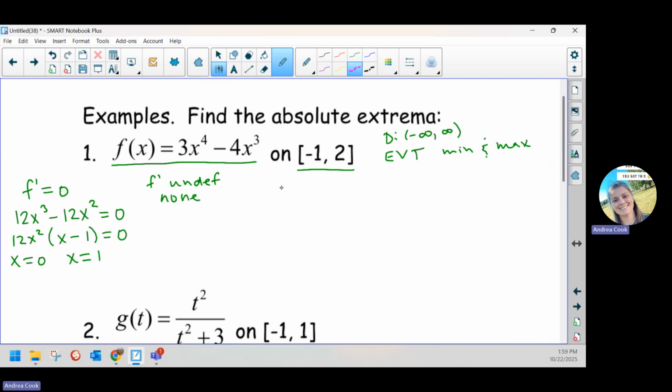And my next step is I'm going to make a table. So I put my endpoints, and then I put my critical values, which is 0 and 1. And then I'm going to plug them into the original function.